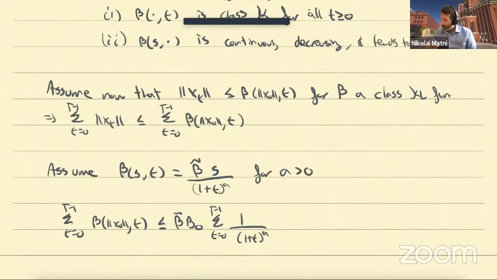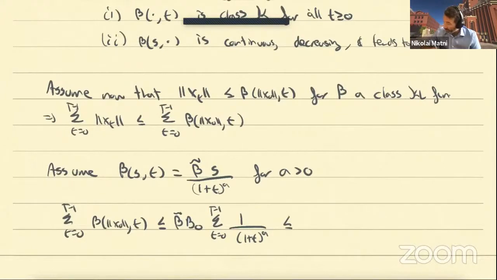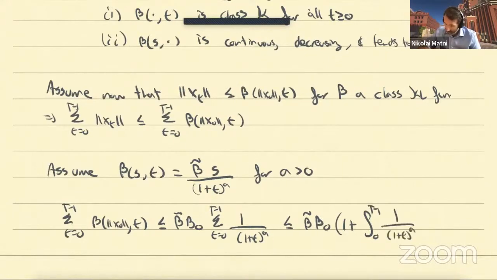Right. So now I can actually upper bound this by, I can just take out the first term and then upper bound the rest of the tail with an integral. So I can upper bound this by 1 plus the integral from 0 to t minus 1 of 1 over 1 plus t to the a dt.